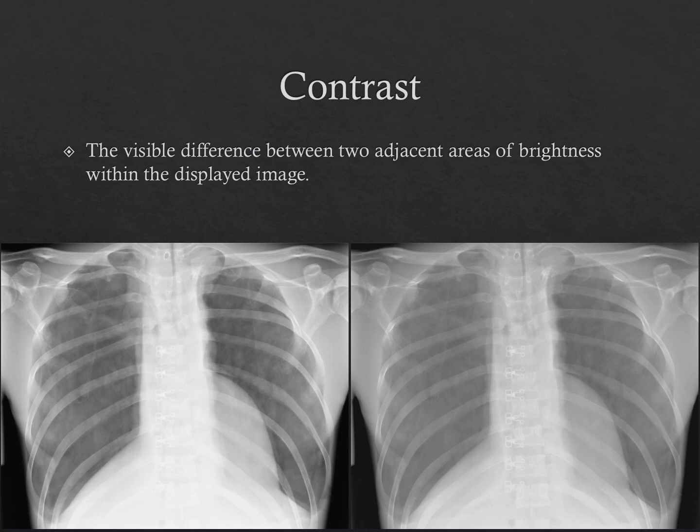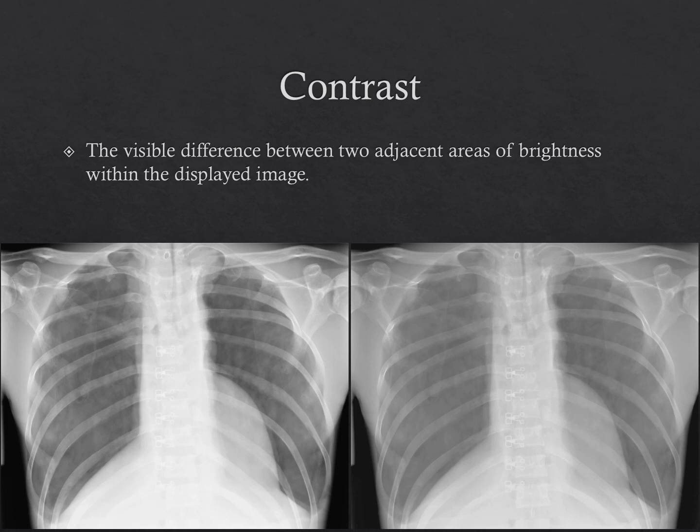But then in the image on the right, I see a lot of grays. I still have some whites, I still have some blacks, but I have a whole lot of grays in between. Which is interesting because you now see those bra clips down the center of this patient much more apparent than in the first image.